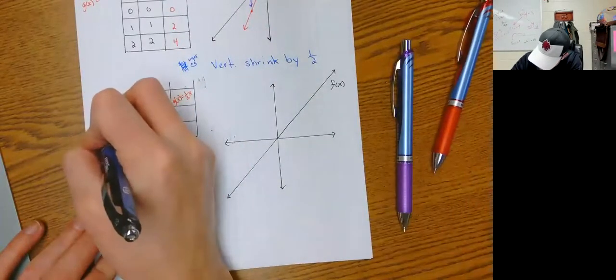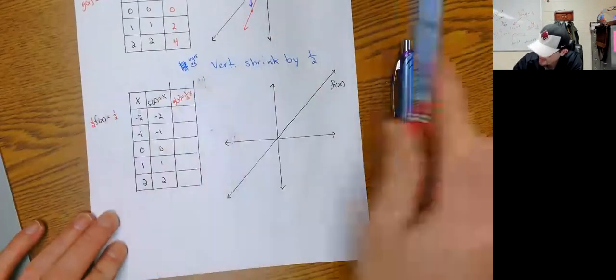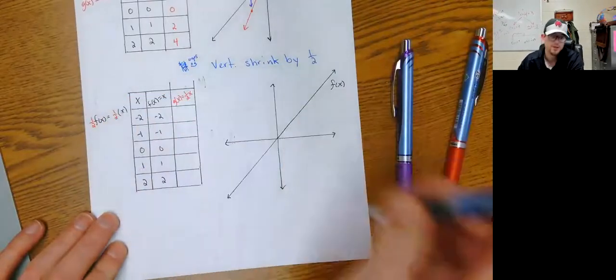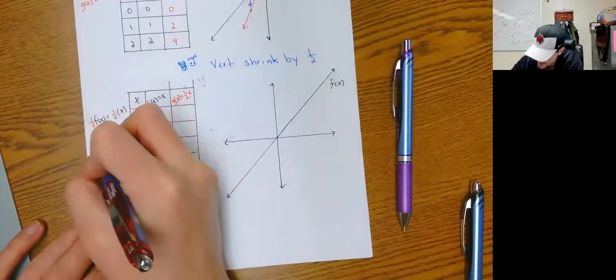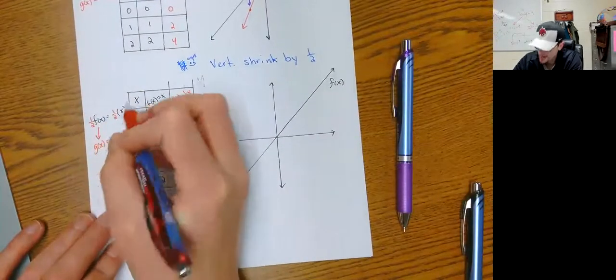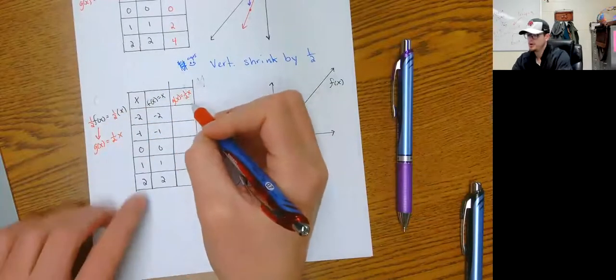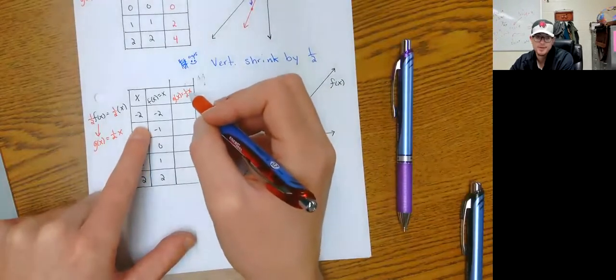times f of x. g of x equals 1/2 times the whole function f of x, which is just x. Nothing fancy. So we've transformed f of x to be g of x, and 1/2 times x is 1/2 x. So we're going to substitute and multiply. What is 1/2 times -2?